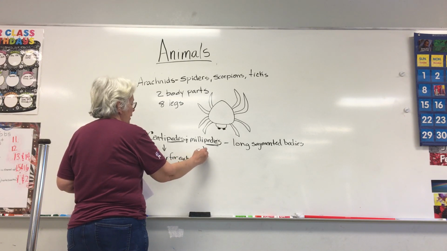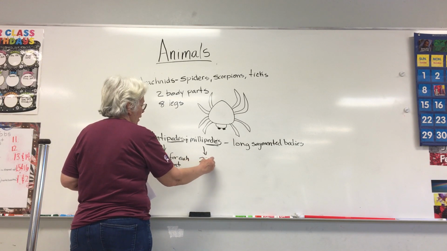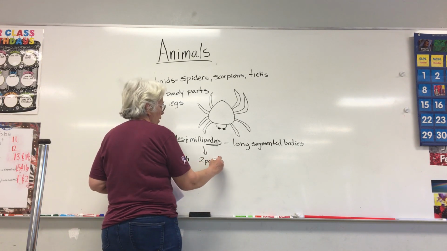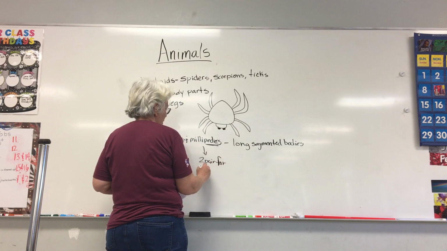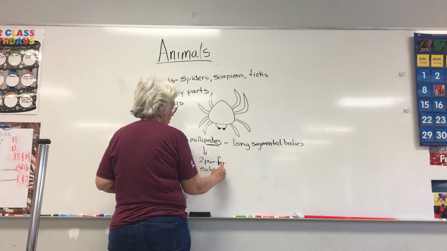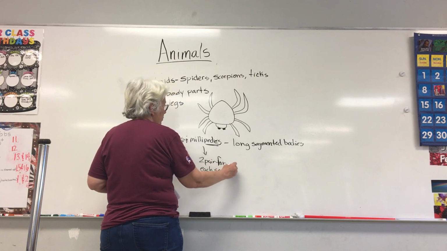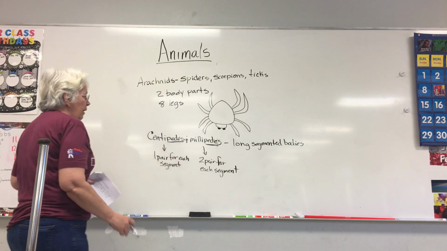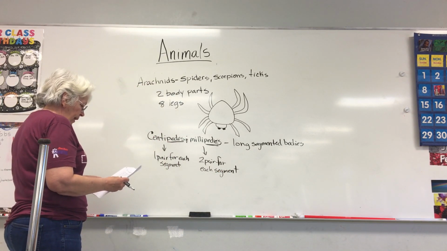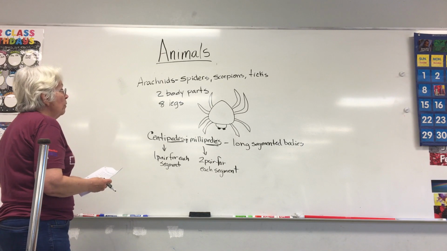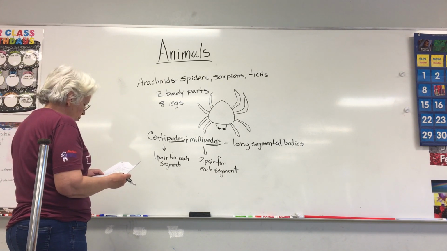And then in a millipede, you have 2 pair for each segment. And that's the difference between a centipede and a millipede, is how many legs that they have. Okay, so there's 2 other invertebrate animals.